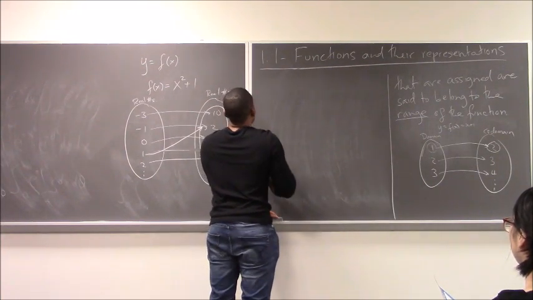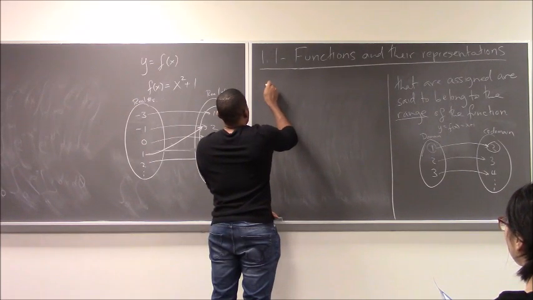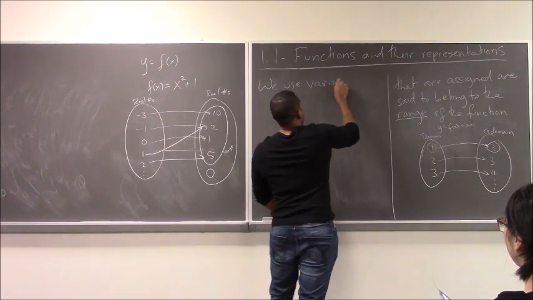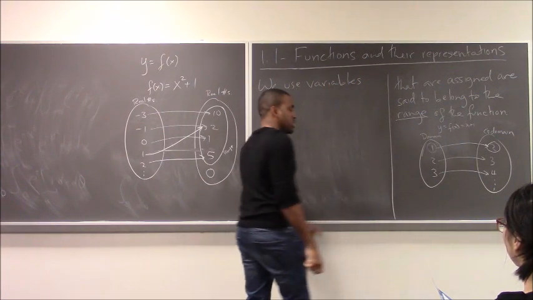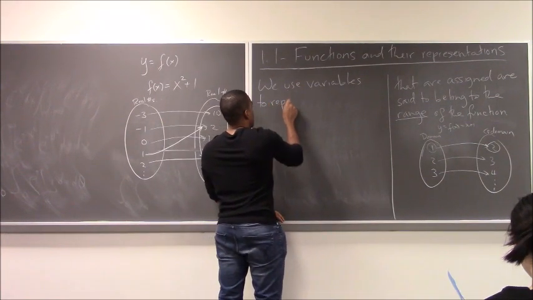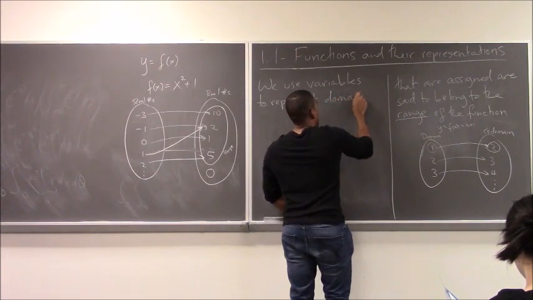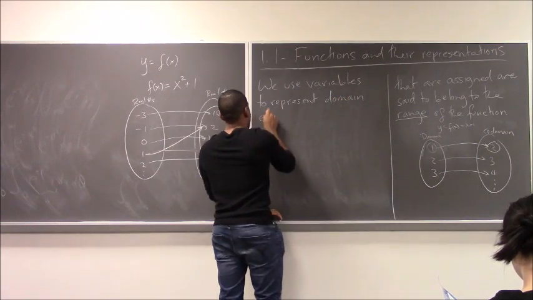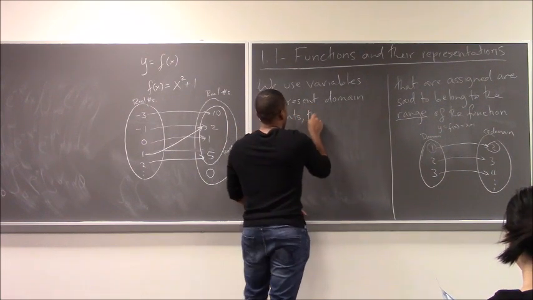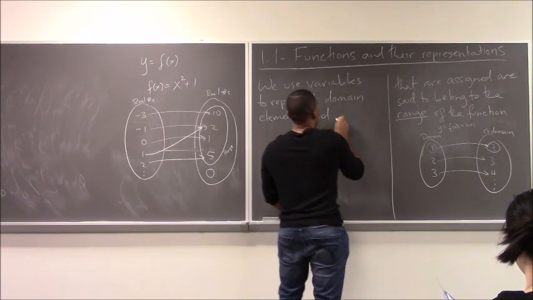So, now let's talk about variables. Variables are basically symbols that represent something. We use variables to represent domain elements and range elements.